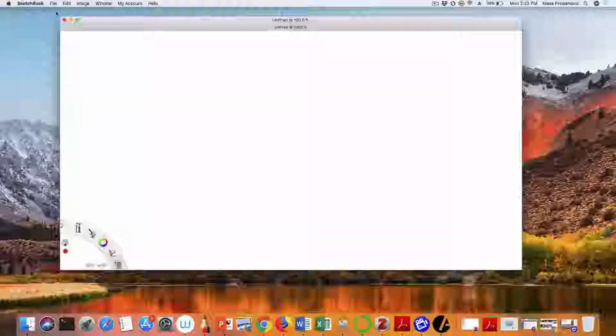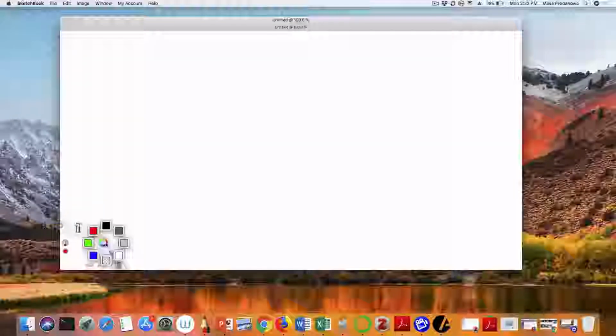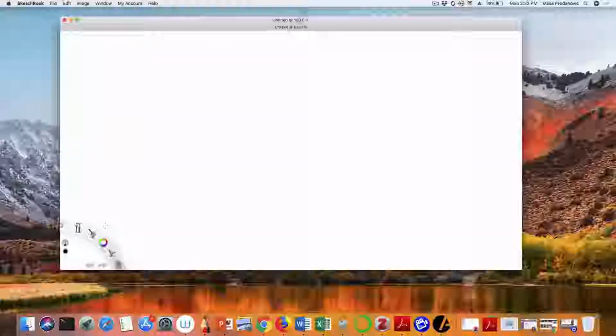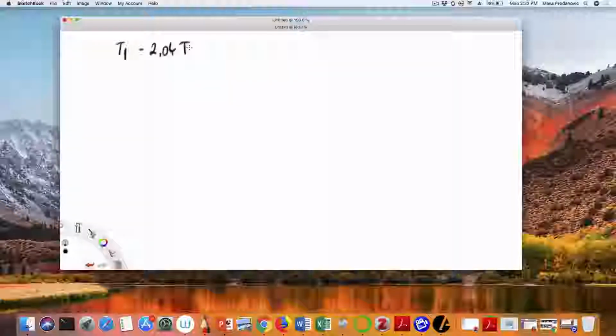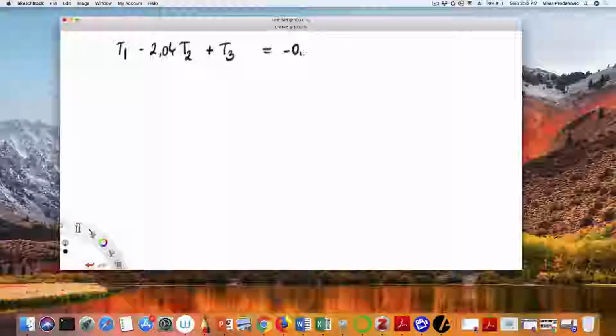When I clean it up, I'm going to have T1 minus 2.04 T2 plus T3 is equal to minus 0.8.